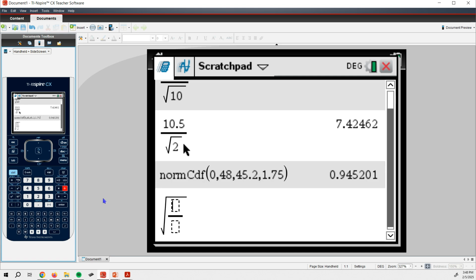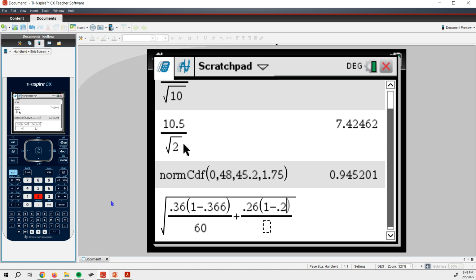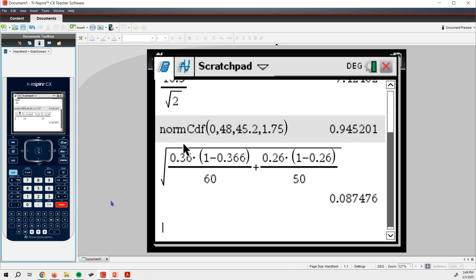And so that was 0.36 times 1 minus 0.36 over 60, that's correct, plus control divide again, 0.26, 1 minus 0.26 over 50. So there should be our standard deviation.